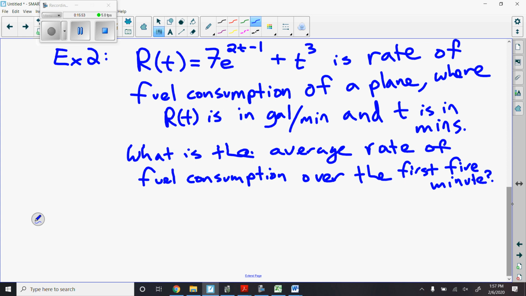So my question is about fuel consumption. My function is in terms of fuel consumption. So I want the average value of R of T over the first 5 minutes. Okay, that would be on the interval 0 to 5.